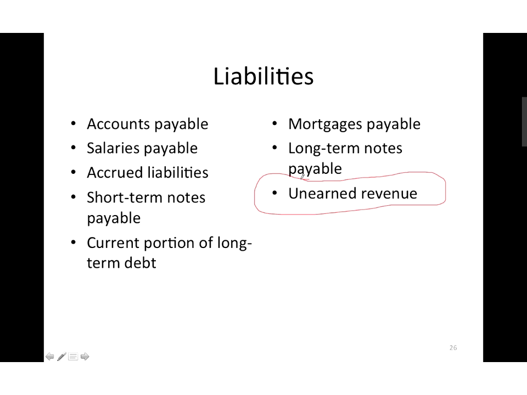So what they have to do when they get my $99, it goes into an unearned revenue account, which is a liability. They have an obligation to provide that product or service to me over the next 12 months. They do not earn it until they deliver it.